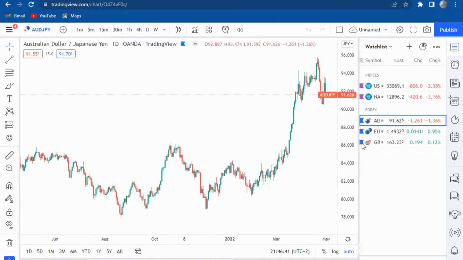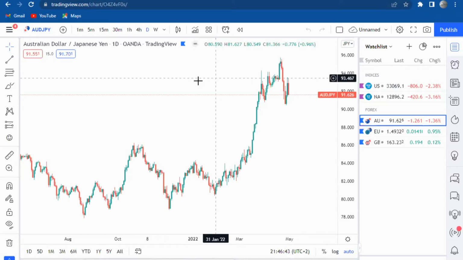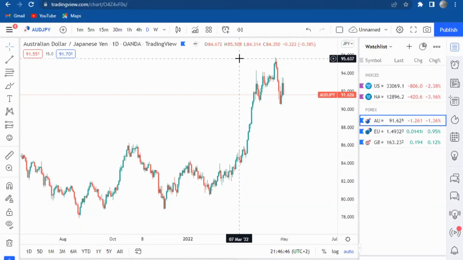Okay, so the first pair that we have is AUDJPY. So I'm quickly gonna start from a higher time frame, going down to a smaller time frame.